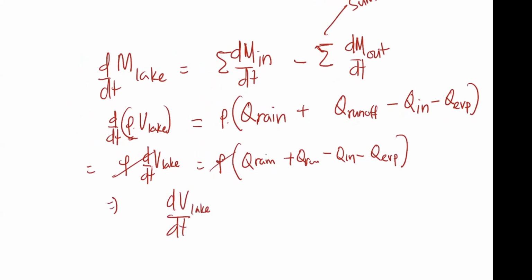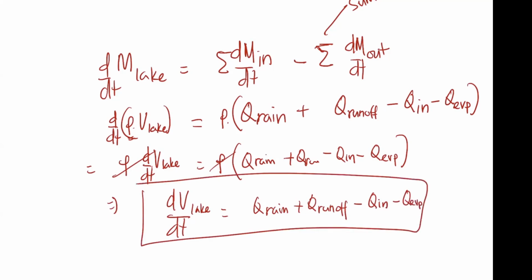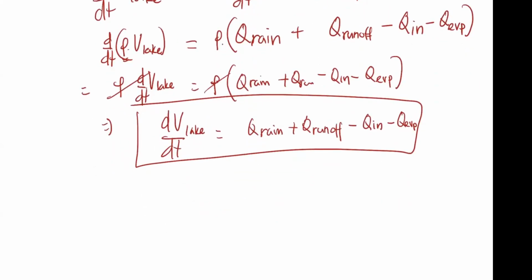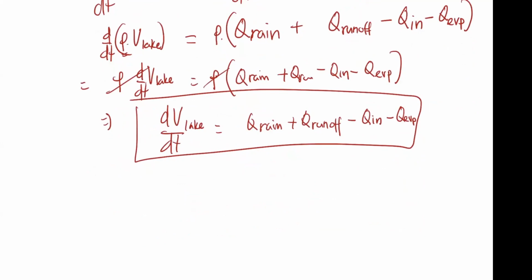What it means is the change in lake volume would be the flow that comes in as Q in plus the flow that comes in as runoff, then minus Q, the flow rate that leaves the system as infiltration, minus Q as evaporation. So that's your non-steady state formula. If you want to know the volume of the lake at any time, all you have to do is integrate it.